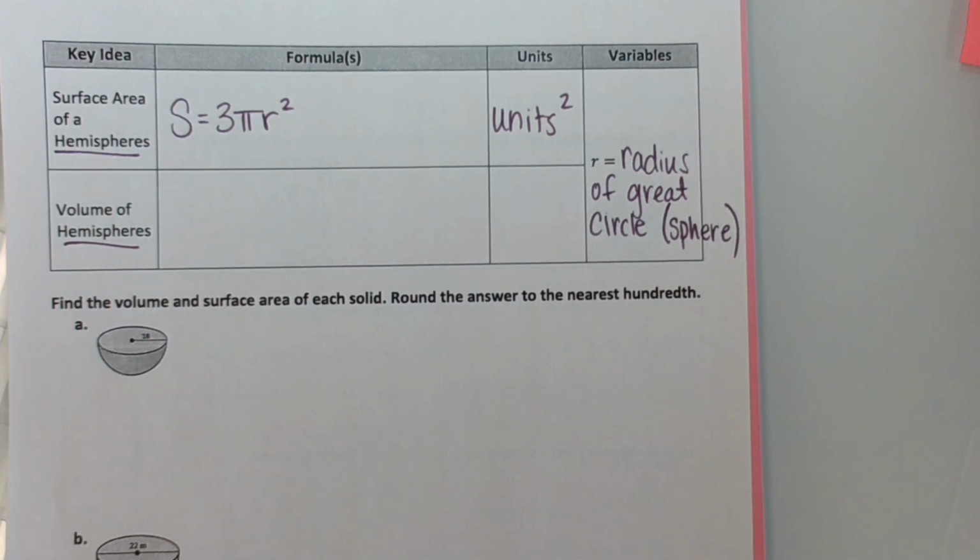Volume, on the other hand, if you think about it as the amount of water you can fill a sphere with versus a half sphere, it is exactly half. How do I divide 4/3 pi r cubed in half? If I divide by 2, what part is the divide by 2 going to meld together with?